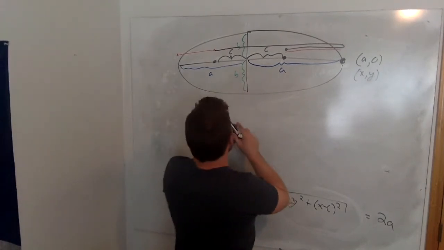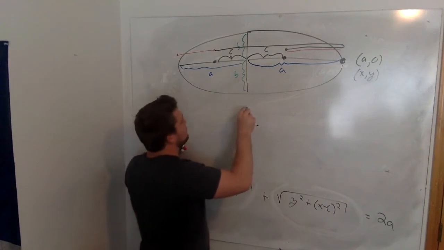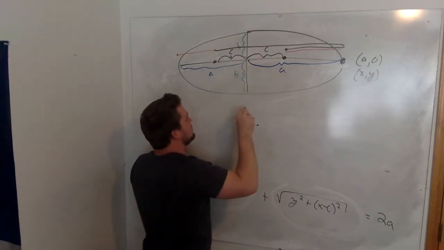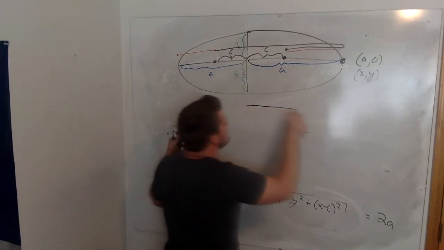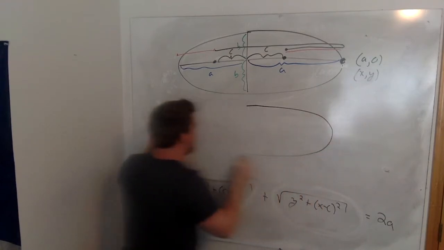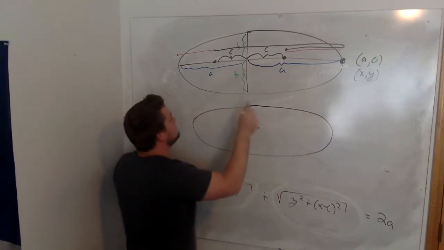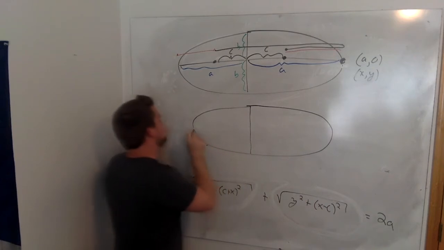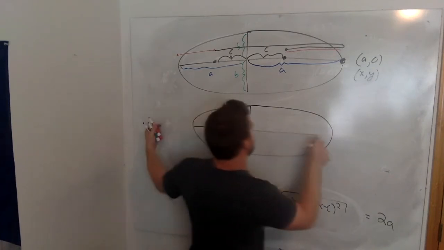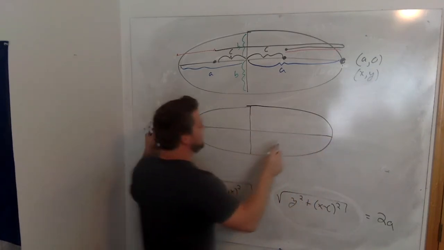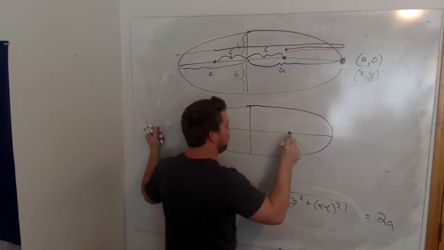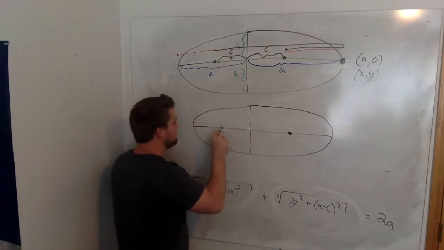But another good location to put our pencil is right here. So let me draw the ellipse again. This location is nice to remember because it gives us a good relationship between the A's, B's, and C's, which will be really helpful for us when we start working with the formula.